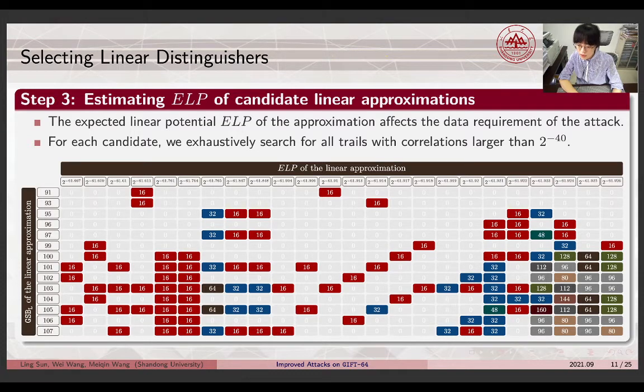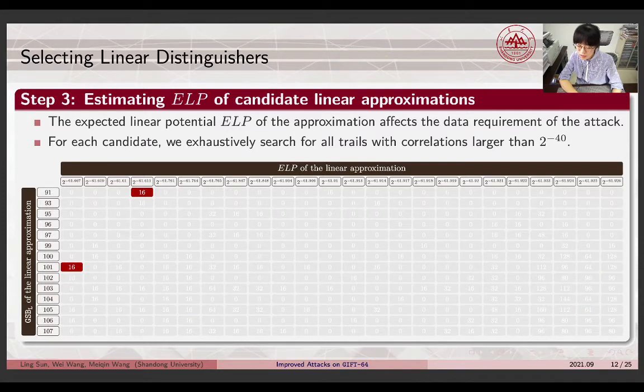This table shows the distribution for the number of linear approximations with different features. The experimental result enables us to narrow the range of candidate distinguishers to 32 linear approximations.